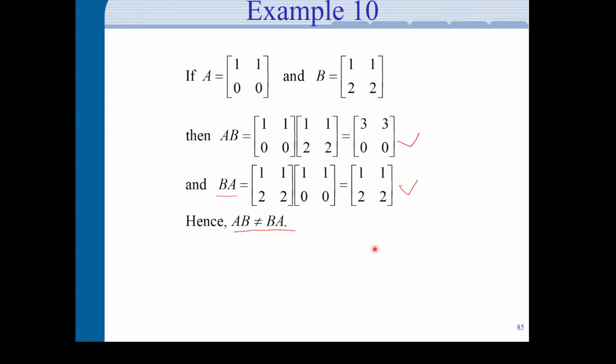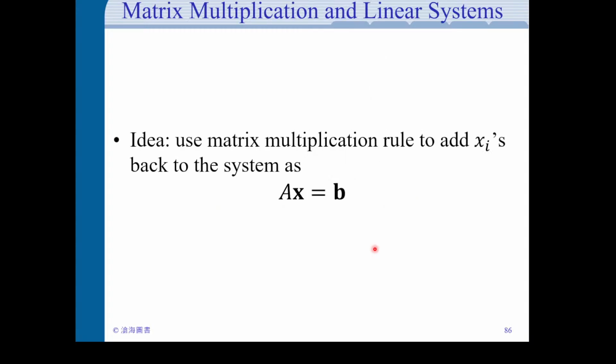And again, a small application of matrix multiplication, defined in the form we have, is that we can use matrix multiplication to write the linear system. This is really a repetition of what we talked about for linear systems, but just changing to a different notation.